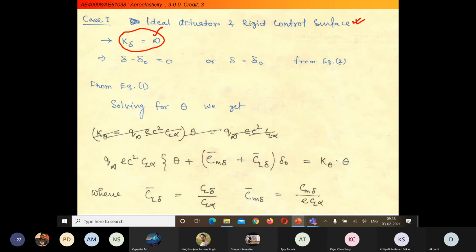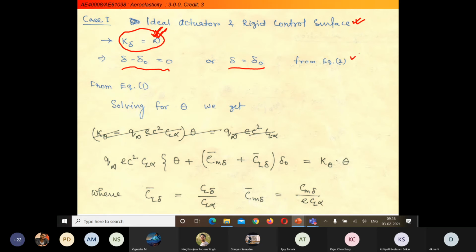The actuator mechanism gives infinite stiffness of the control surface actuator. Then I can take delta minus delta naught equal to 0. In the first case I am considering K delta equal to infinite, or delta minus delta naught equal to 0, or delta equal to delta naught.